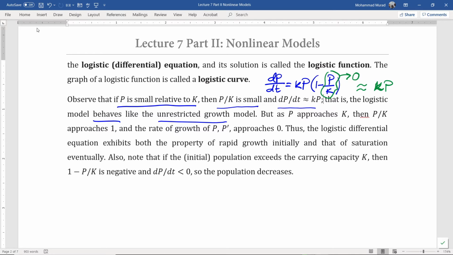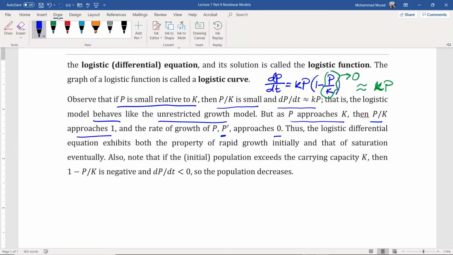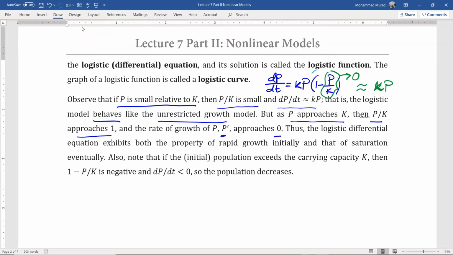But as P approaches K, then P over K approaches 1. Then the rate of growth of P, that is P prime, approaches 0, since this quantity becomes 0. So dP/dt would be approximately equal to 0.